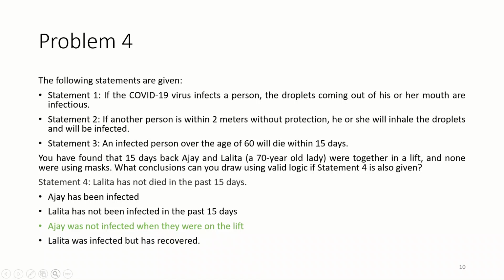B and D are not correct because Lalita has not been infected in the past 15 days is not the correct answer, since they met in the lift 15 days before.